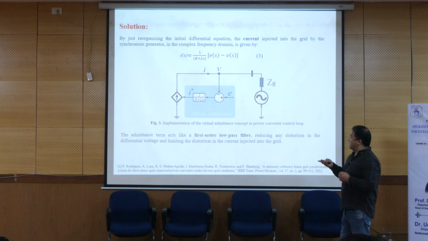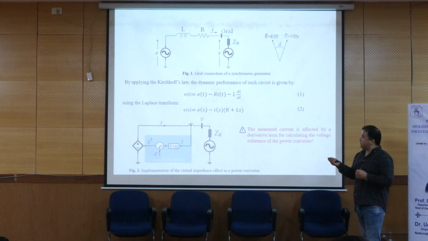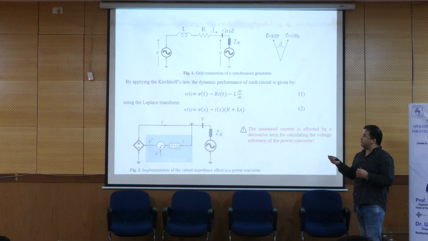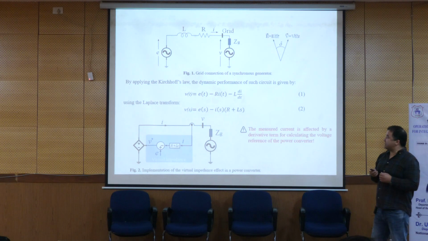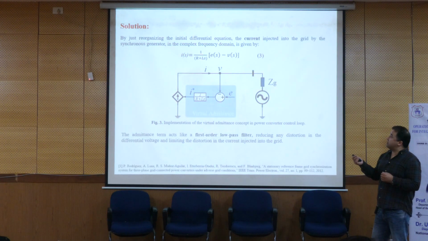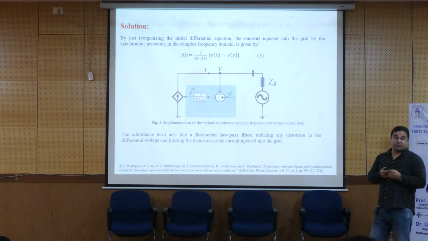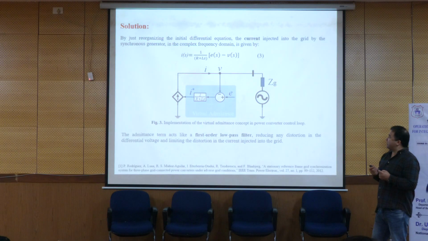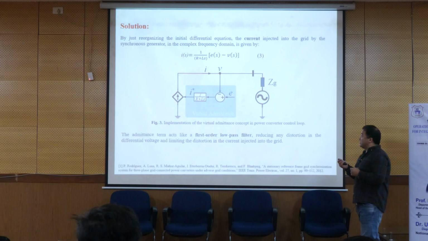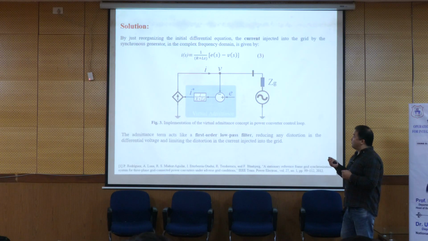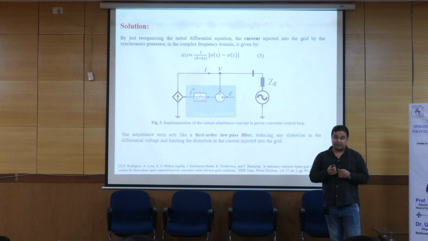So again, the same equations, but it goes to (E minus V) divided by (R plus Ls) is equal to I. Okay? So what is happening here? Again, we have a converter which injects a current, and we measure the voltage, and we have E, and E minus V divided by R plus Ls is equal to I.